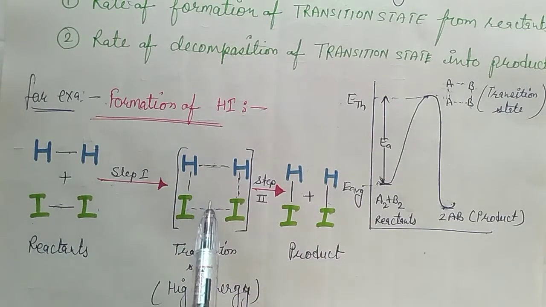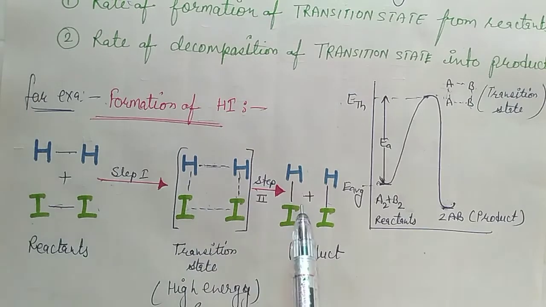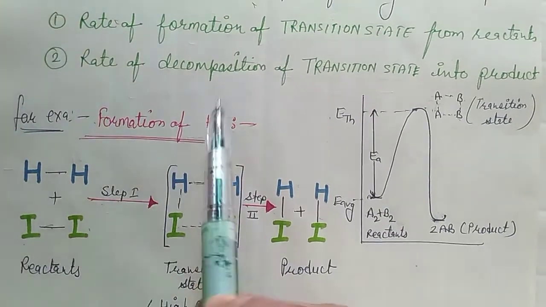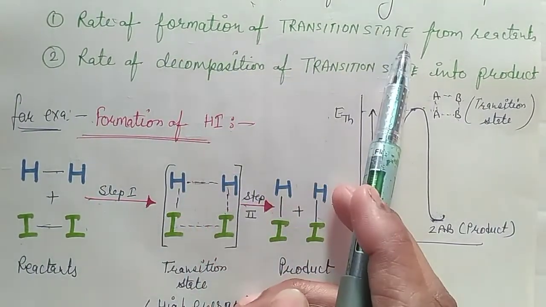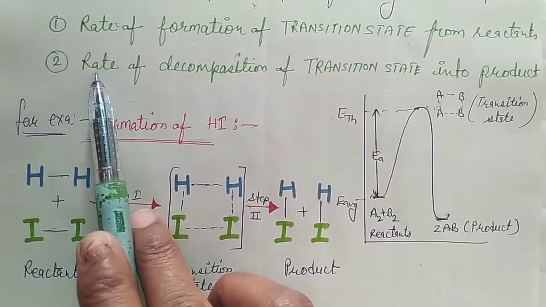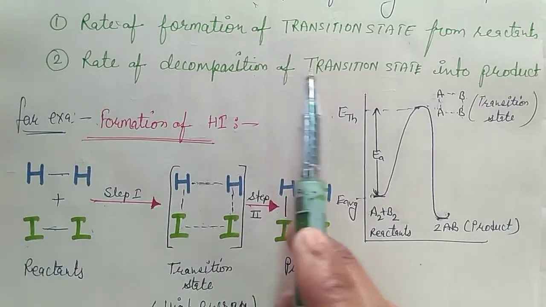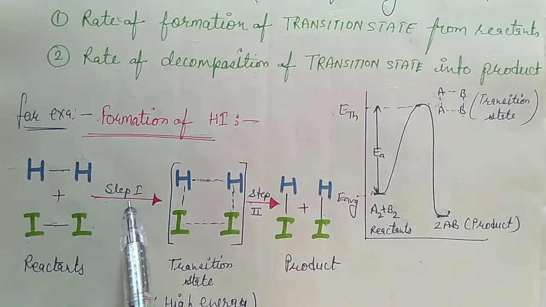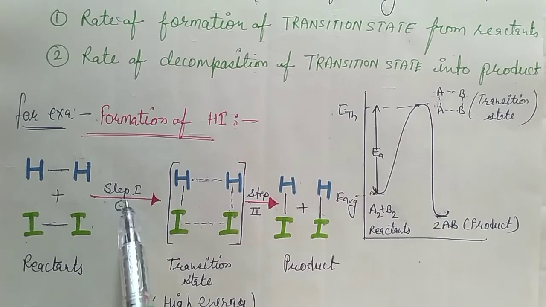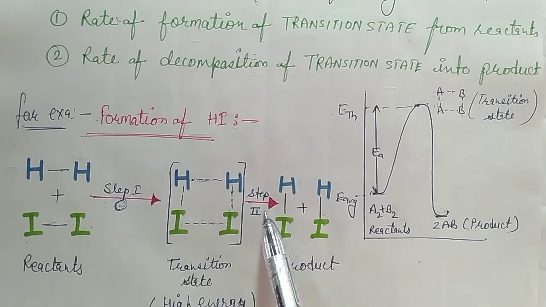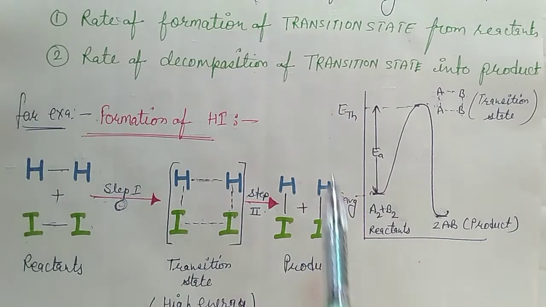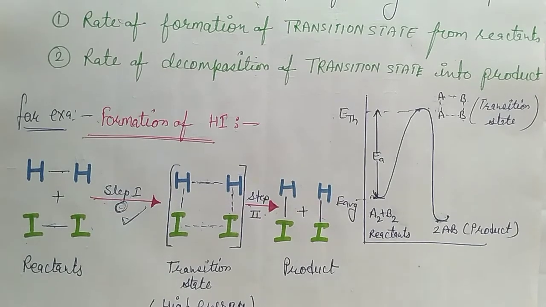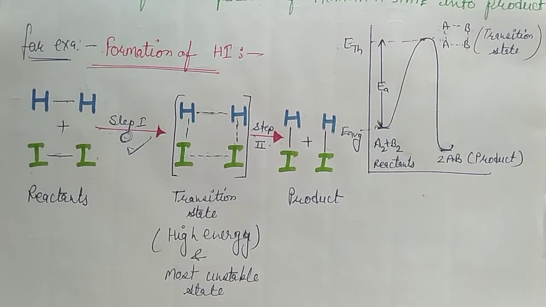First step in which the transition state is forming, and second step in which the transition state is decomposing. The first step is the rate of formation of transition state from reactants, and the second step is the rate of decomposition of transition state into product. Generally this step is slower and this step is faster, so the rate of reaction depends upon the first step only.